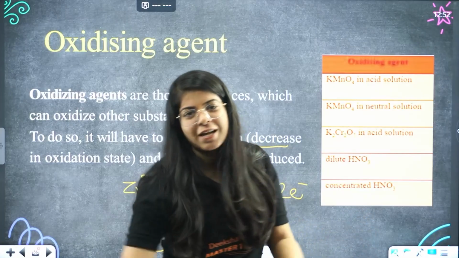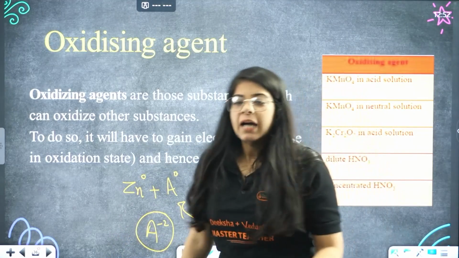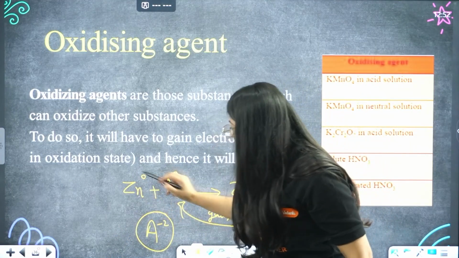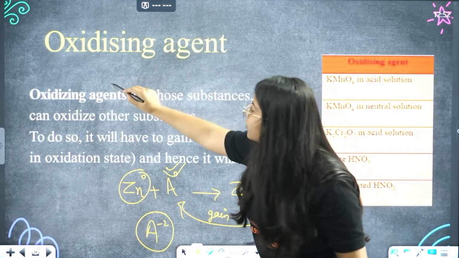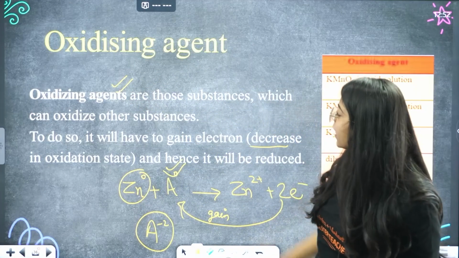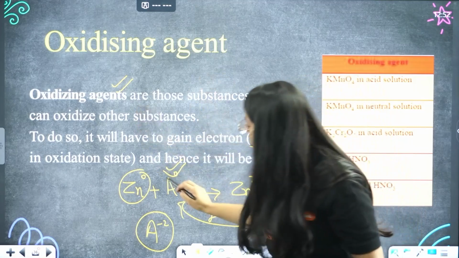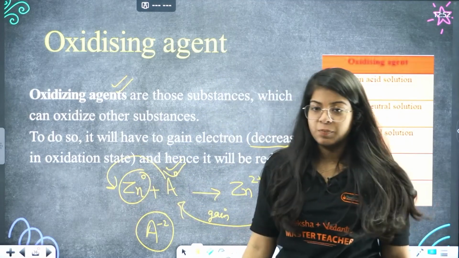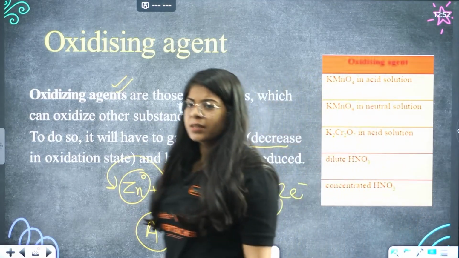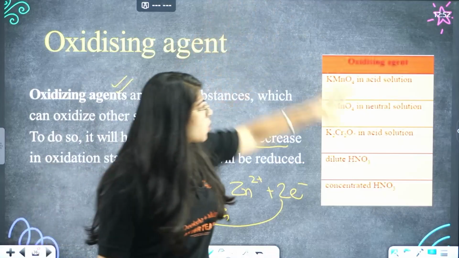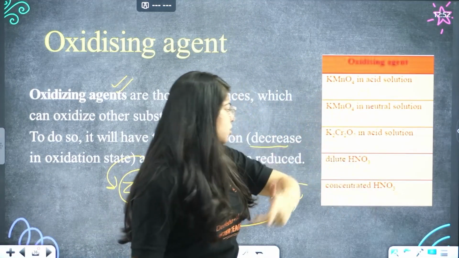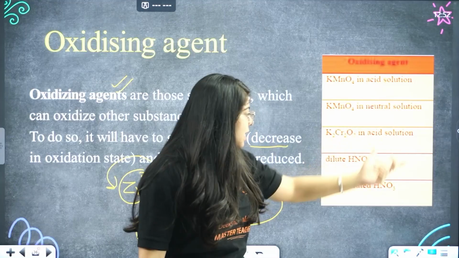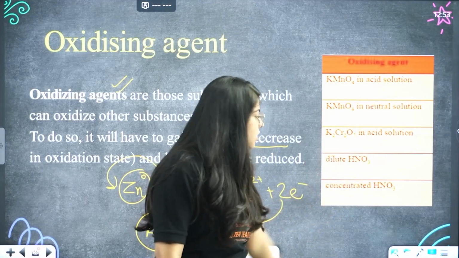Just give me one more slide to understand reduced. Understood? So Zn lost electrons due to A. So A is an oxidizing agent, a substance which can oxidize another substance. Understood? Easy. These are some of the oxidizing agents: KMnO4 in acid solution, KMnO4 in neutral solution, K2Cr2O7 in acid solution, dilute HNO3, concentrated HNO3.